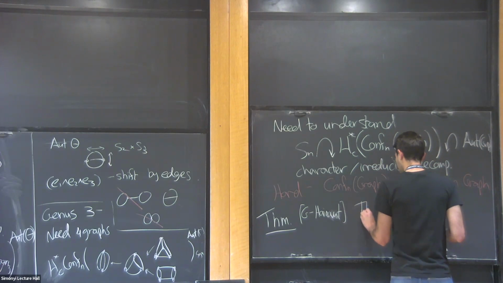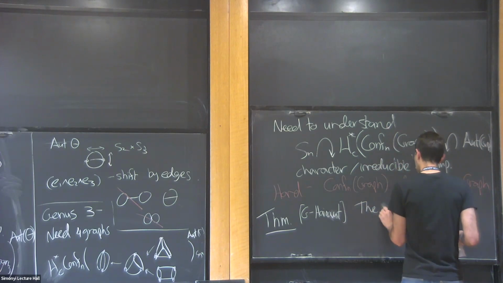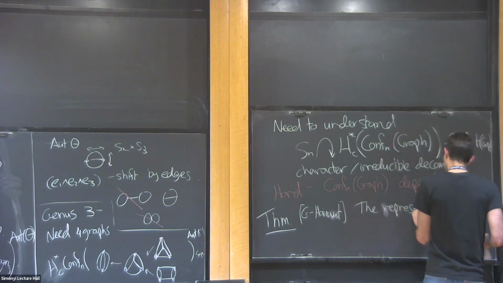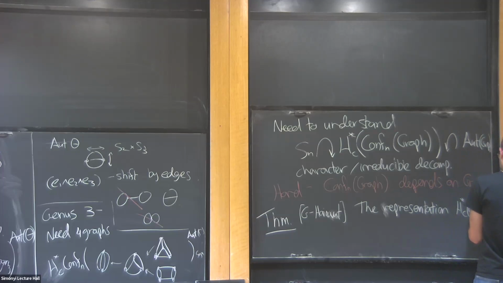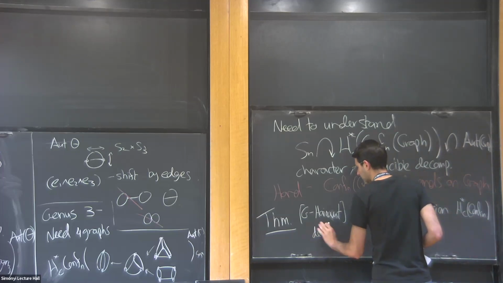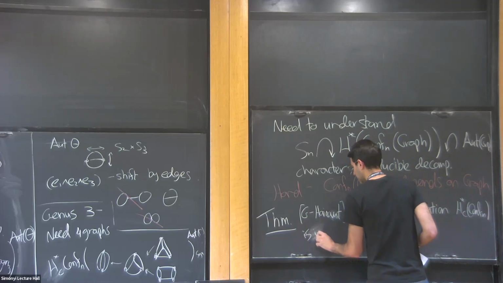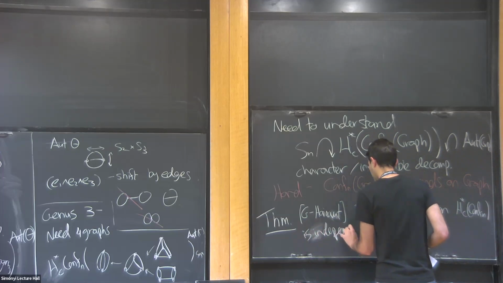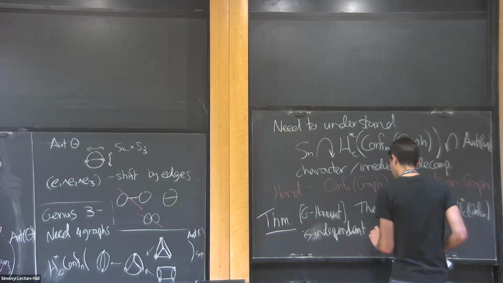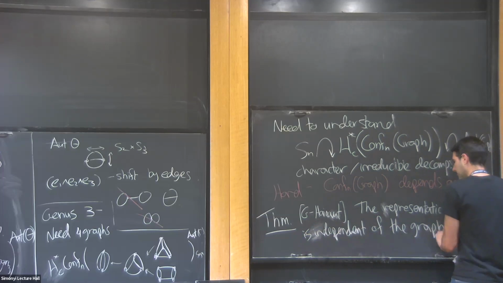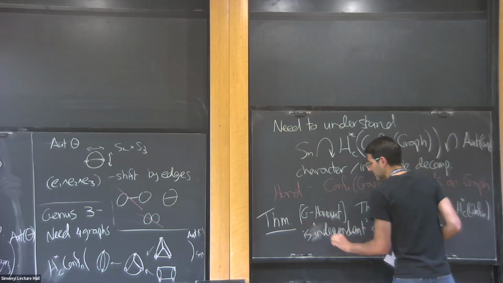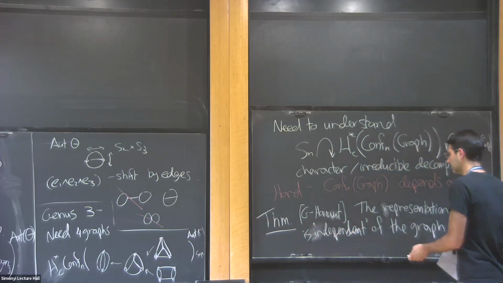So the presentation: the compactly supported cohomology of the configuration space doesn't depend on the graph, or is independent of the graph. I'll put this in quotes, because we need to explain what I mean by that.